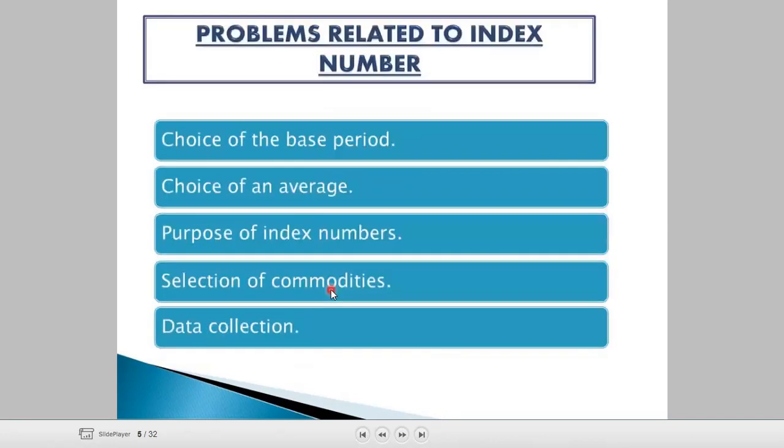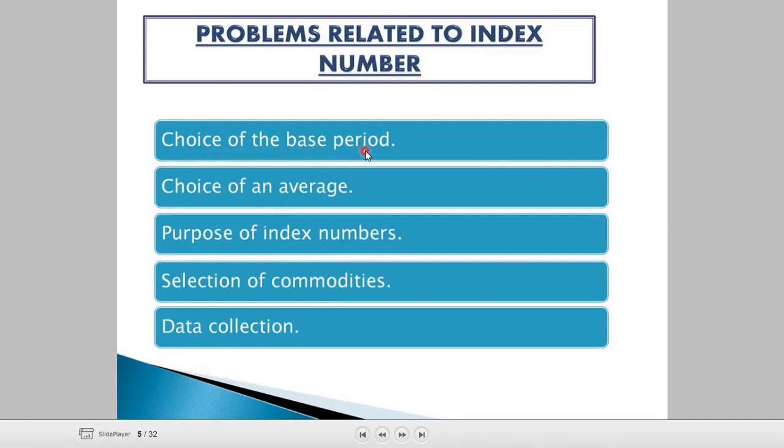Now, there are certain problems also related to the calculation of index number, that is, what are the various things which should be kept in mind when we are going to utilize index number as an average. First is the choice of the base period.